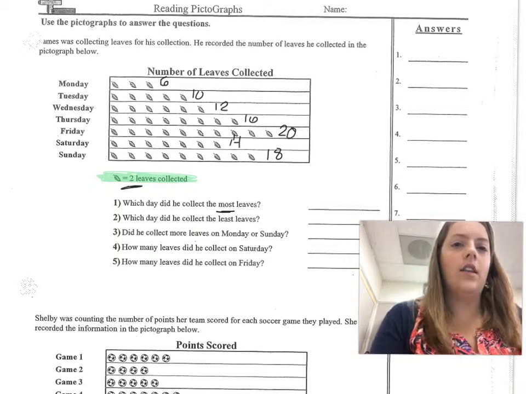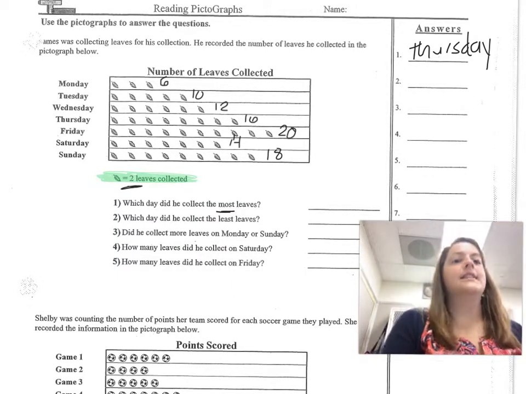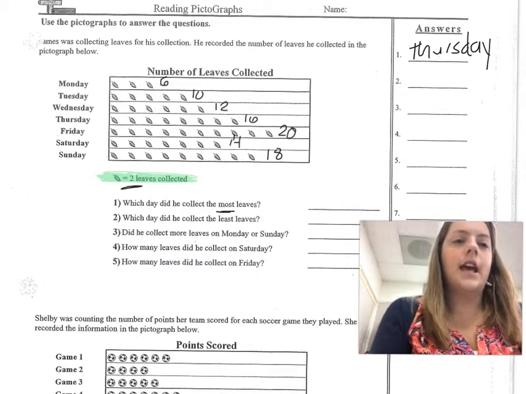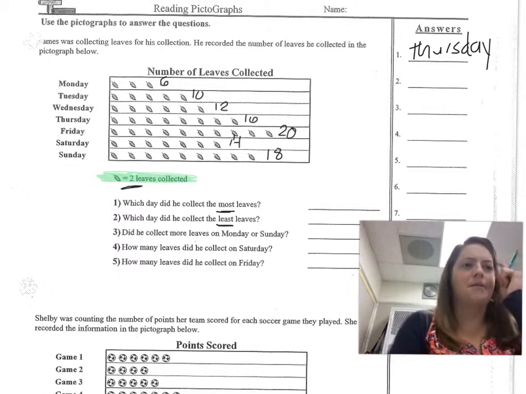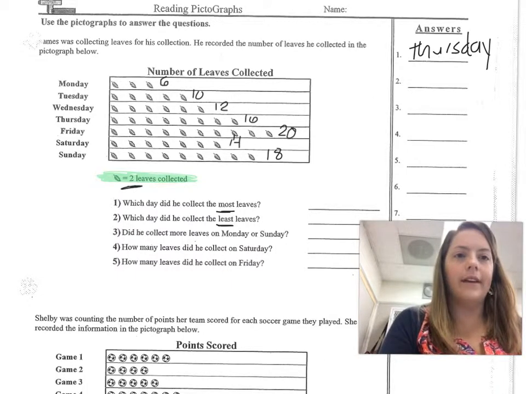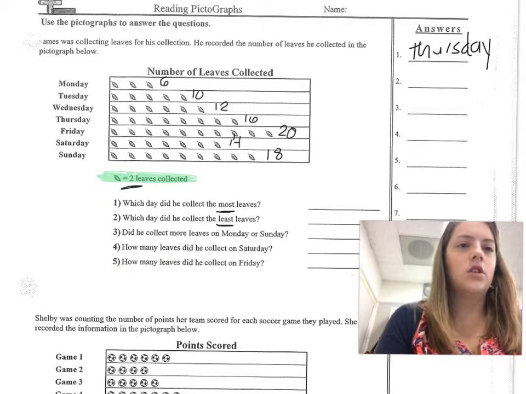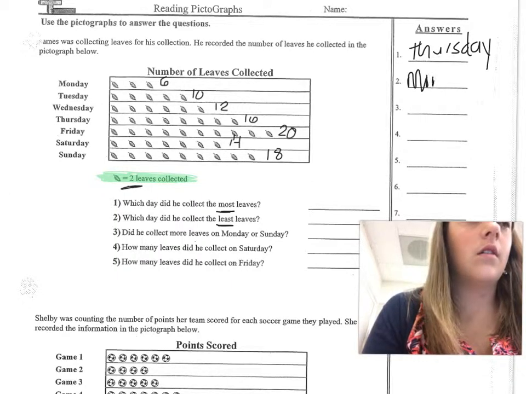So I can see on Thursday he collected 20, and that is the biggest number. On which day did he collect the least leaves? If I think about my chart, least means the word small. So which number is the smallest? 18? Well, it looks like a 6.